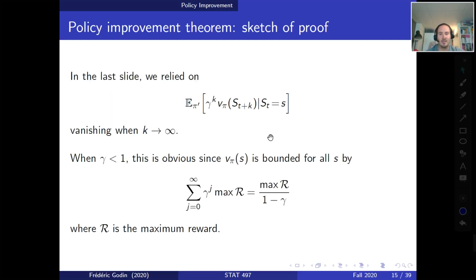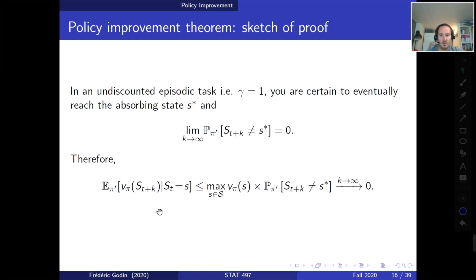If we go back to this term, when gamma is equal to 1, this first part disappears, so we're stuck with only this part. But here, if we have a finite MDP, it becomes smaller or equal to the maximum of the value function across all the states.